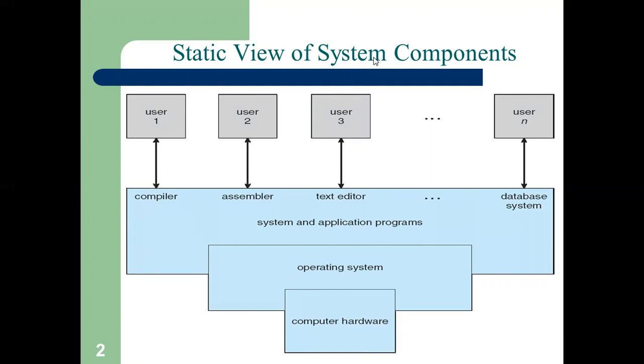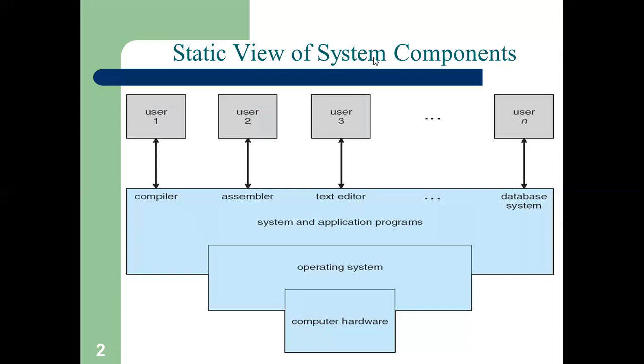Above the operating system, at stage number 3, there are various system and application programs. We can say system softwares and other application softwares. Application programs are dedicated to do a particular task for an organization, institution or company.